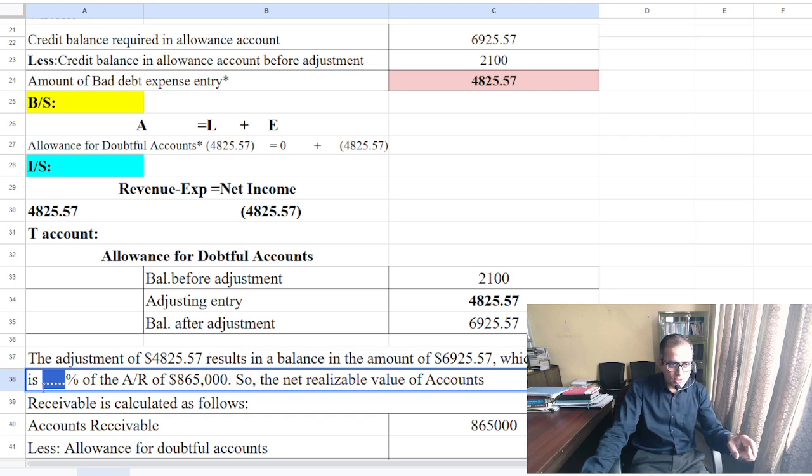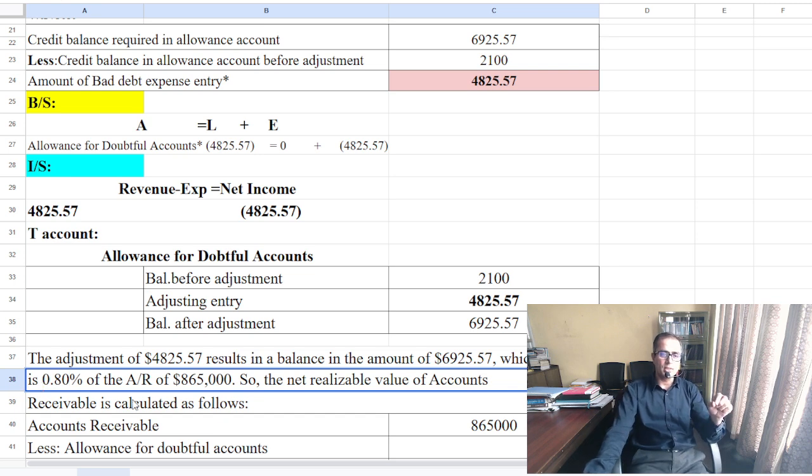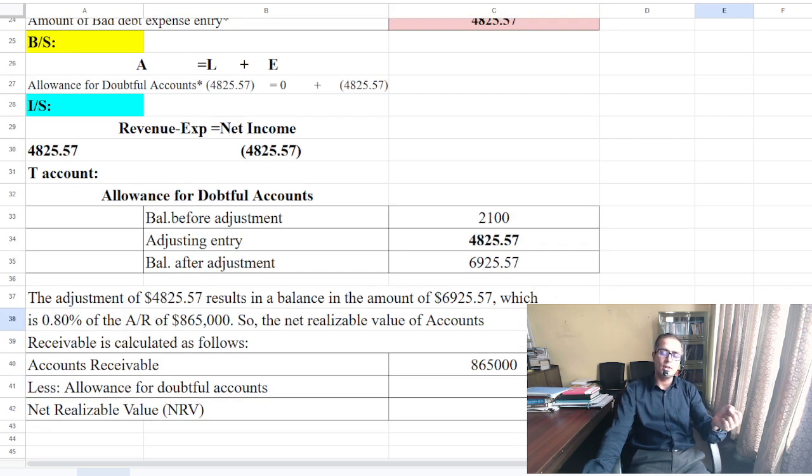So I just try to fill the gap here based on all the calculations, and of the accounts receivable of 865,000. That is why your net realizable value would be, friends, our accounts receivable for 2014. You are going to find the net realizable value for 2014, so 865,000 as per the given question.